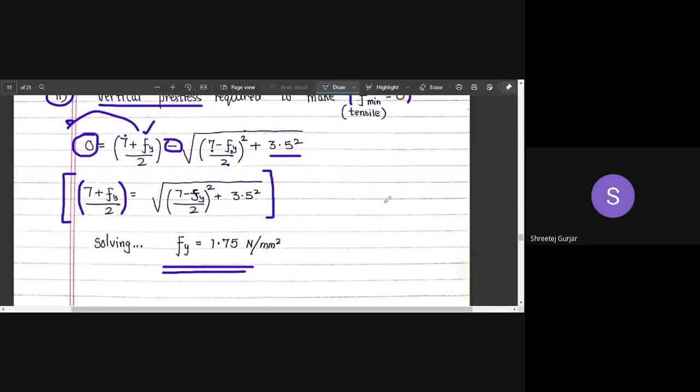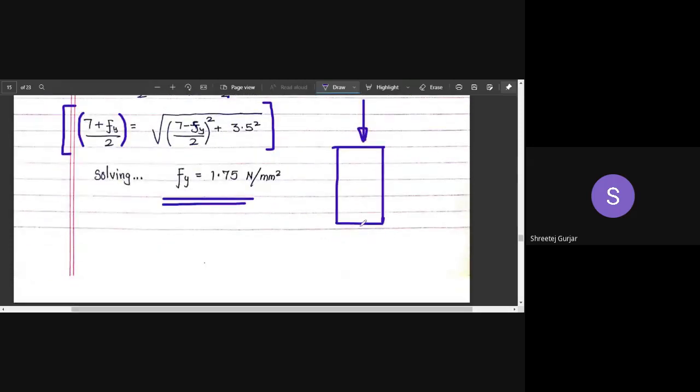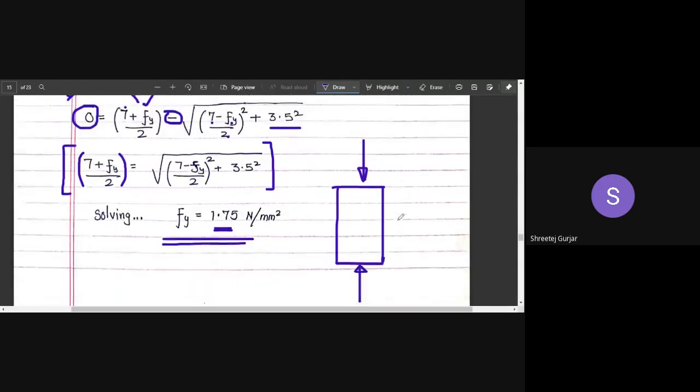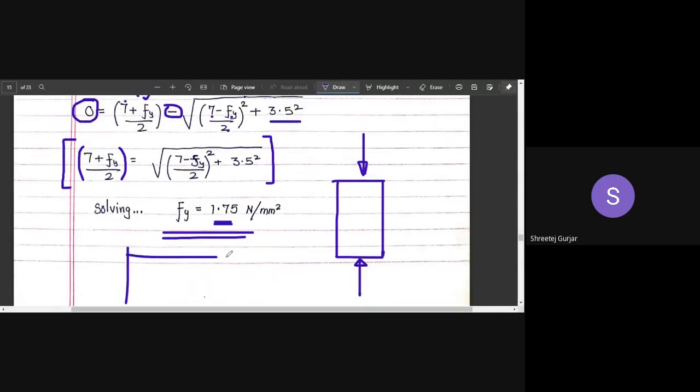So what this signifies is, if you apply a vertical pre-stress of 1.75 Newton per mm squared to this concrete beam, there will be no tensile stresses generated in the cross section. Along with your horizontal stress, you have to apply some amount of vertical stress to nullify your tensile stress.